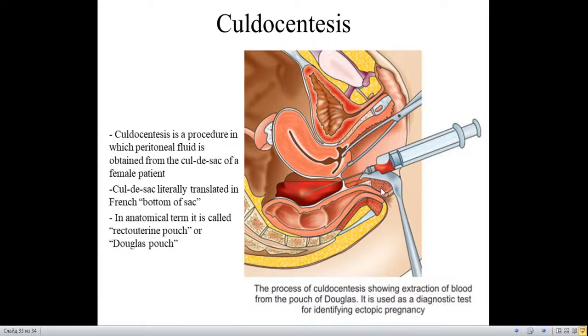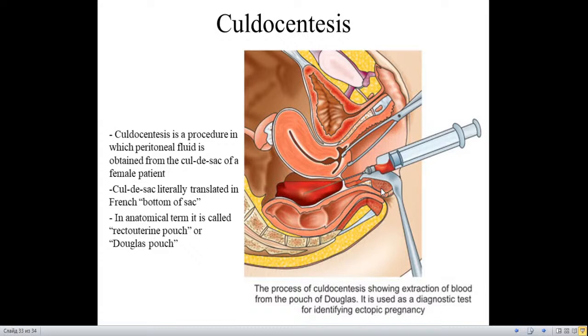And one more manipulation, very common, related to today's topic, known as culdocentesis. Let me firstly explain what it means. Actually, centesis means a puncture. Cul-de-sac comes from French, which is known in English as the bottom of the sac. Which sac?